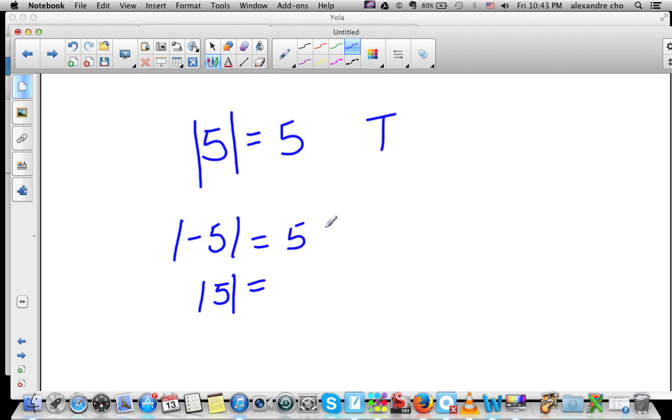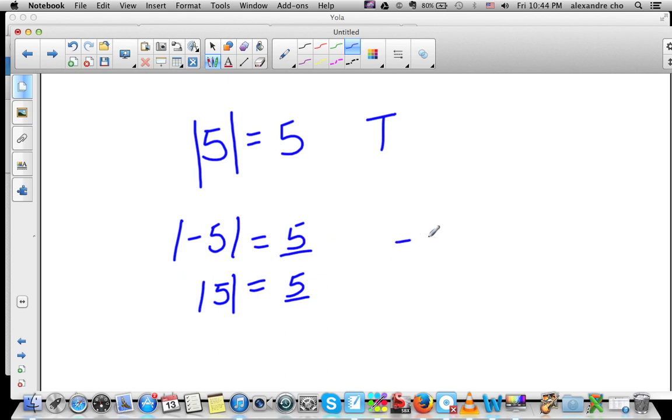Negative 5 is 5 spaces away from 0. The absolute value of positive 5 is also 5. So whether the number was negative or positive, the absolute value was positive. That's true for everything? Yes, it is, because distance, which is what absolute value is measuring, cannot be negative.